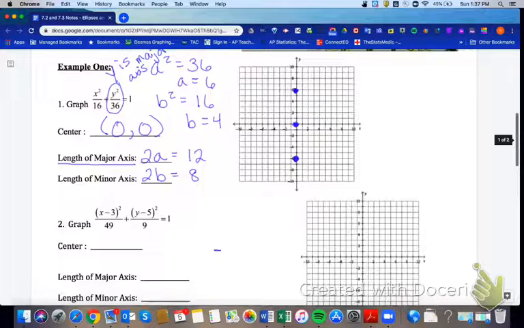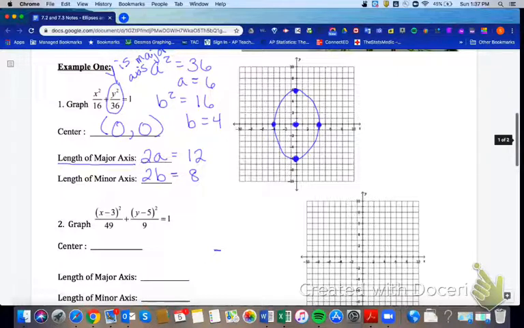The shorter axis is the minor, so from the center we go left and right b units, which was 4. So to the left 4 units and to the right 4 units. That's enough to draw the ellipse. So now we curve it and we get the ellipse.